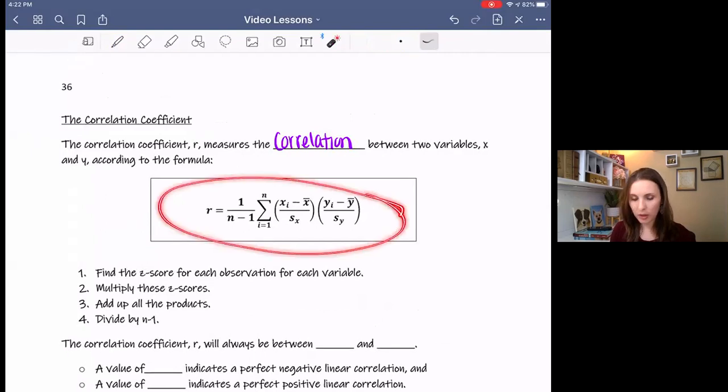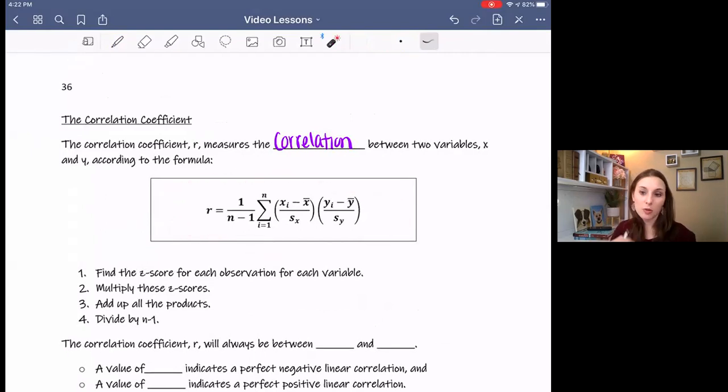So this is the formula that we're going to be using, and basically you're finding the z-score of x, z-score of y for every single x and every single y. You're adding all of those up, dividing by n minus 1, and that's your r. That's your correlation coefficient. So like I said, it's not necessarily difficult to do by hand. It just takes a really long time, but we can do it because we're smart.